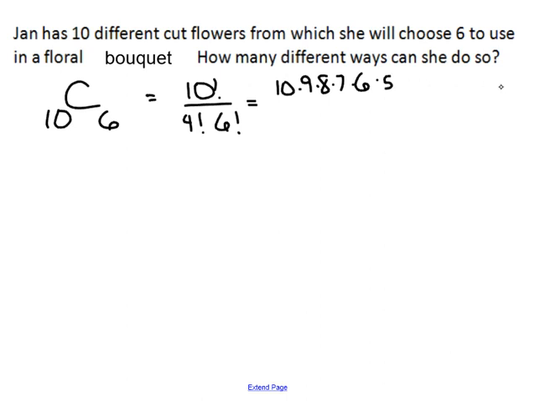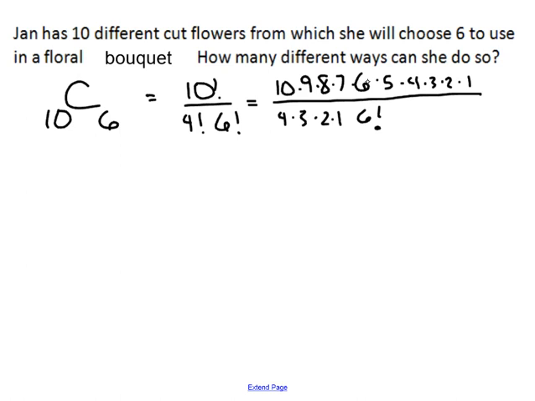Oh, I'm so bored with writing this all the way down. 5, 4, 3, 2. I knew that that's what it was going to be, right? And then I have down here, I have 4 times 3 times 2 times 1, and now I've got 6, 5, 4. If only there was a way of writing 6 times 5 times 4 times 3 times 2 times. Oh, that's what that is. 6 factorial means to do that. 6 times 5 times 4 times 3 times 2 times 1.